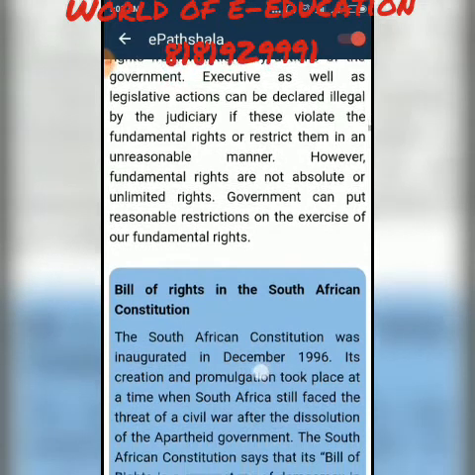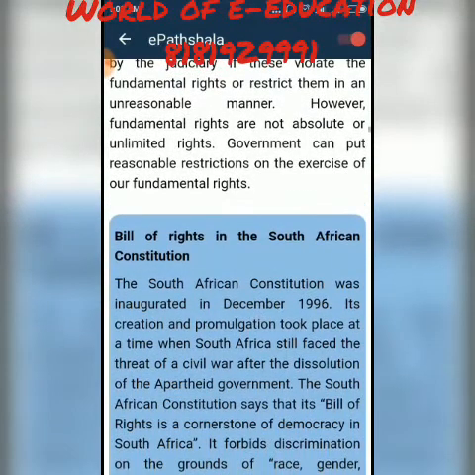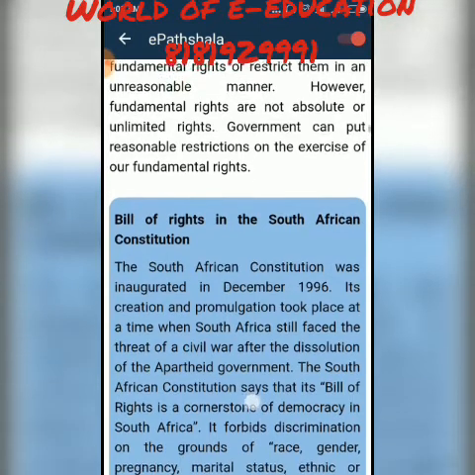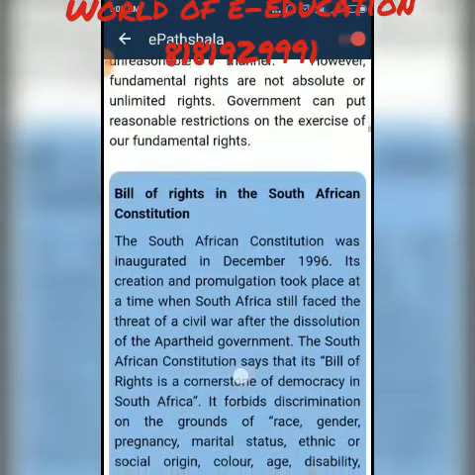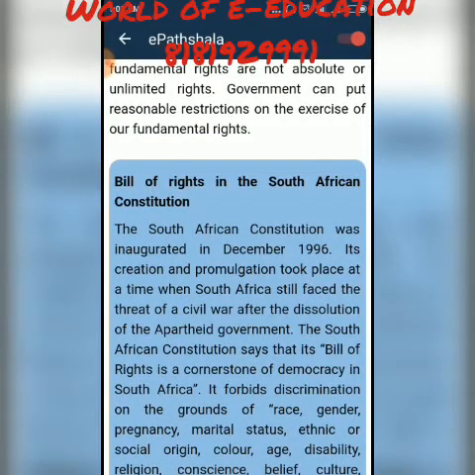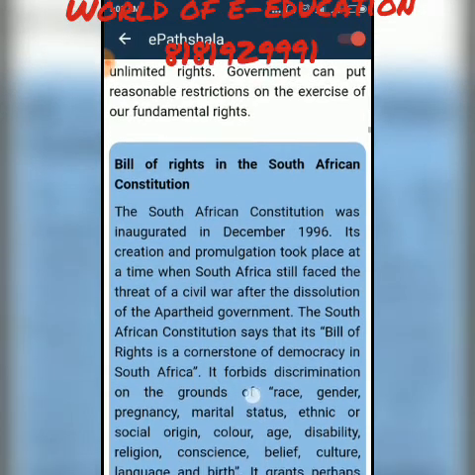Bill of Rights in the South African Constitution. The South African Constitution was inaugurated in December 1996. Its creation and promulgation took place at a time when South Africa still faced the threat of a civil war after the dissolution of the apartheid government.